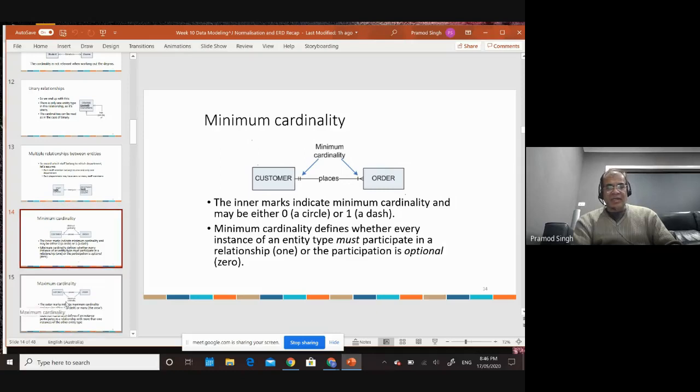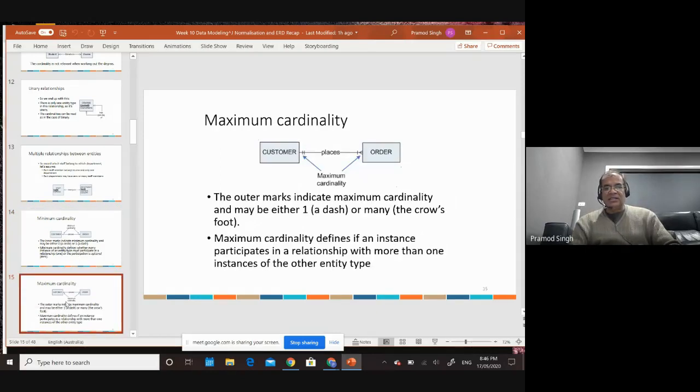The maximum cardinality is shown in the next slide, and it is shown in the inner part by the arrow. On the customer side, a maximum of one customer can have an order, and on the order side there is many.